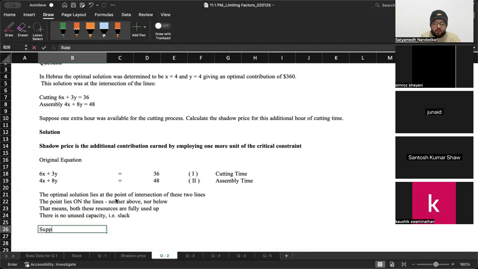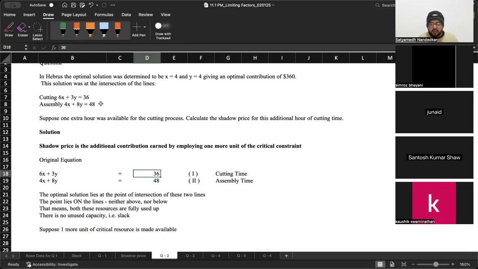Now, suppose one more unit of cutting time is available. Suppose one more unit of the critical resource is made available. Your total cutting time was 6x plus 3y equal to 36.